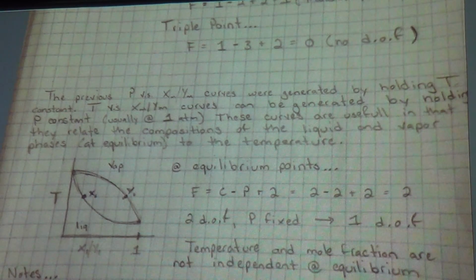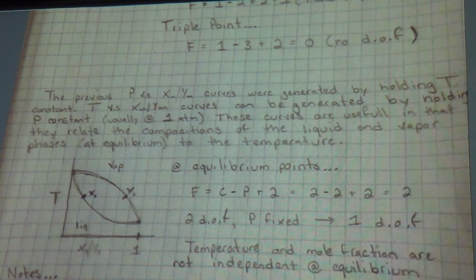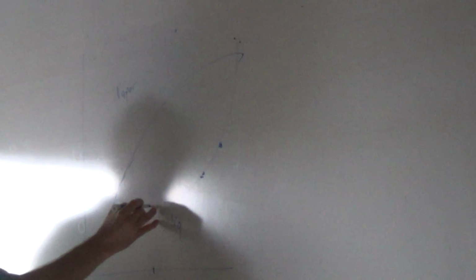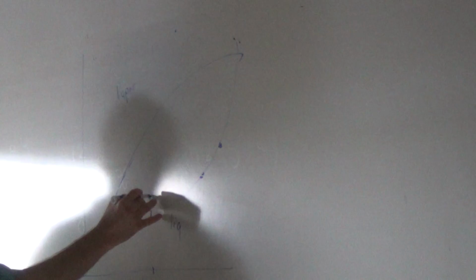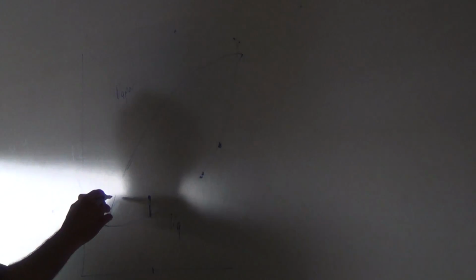And you pick that point, and you raise the temperature to some value until you've reached a point where vapor and liquid are in equilibrium.